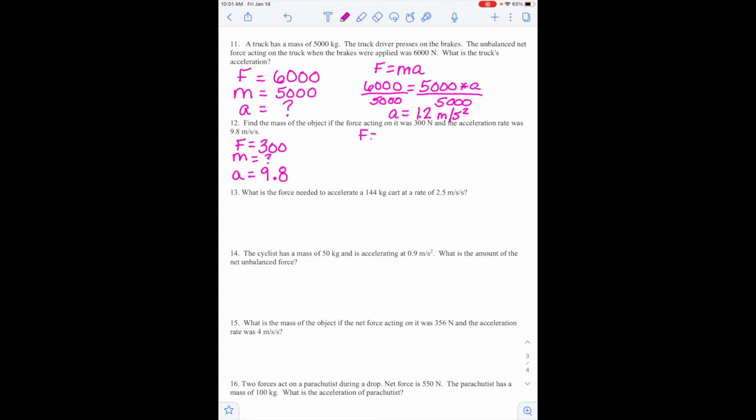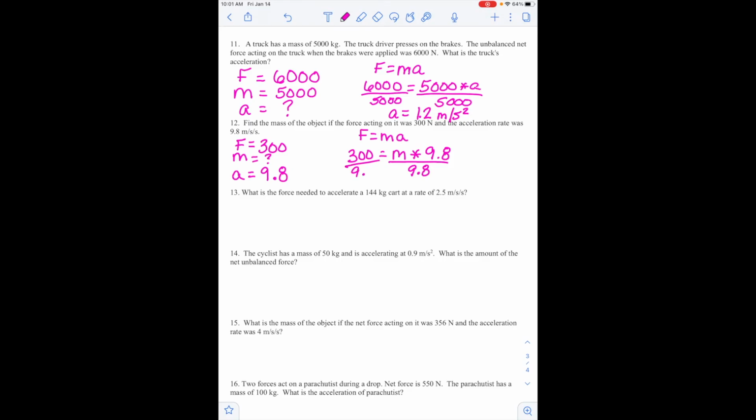So F equals ma is our formula. F is equal to 300. So 300 equals m, because we are looking for the mass, times 9.8. We want this m by itself, so we're going to do the opposite of multiplying, which is dividing.